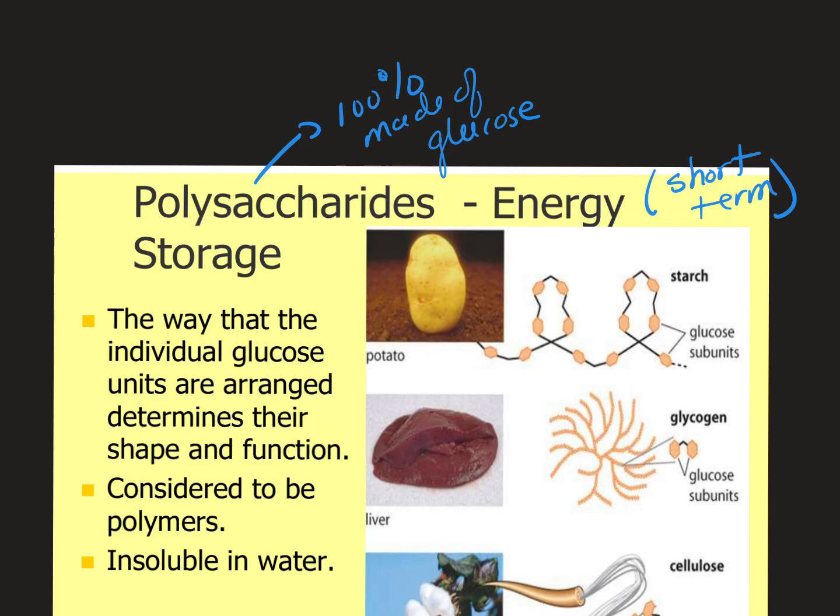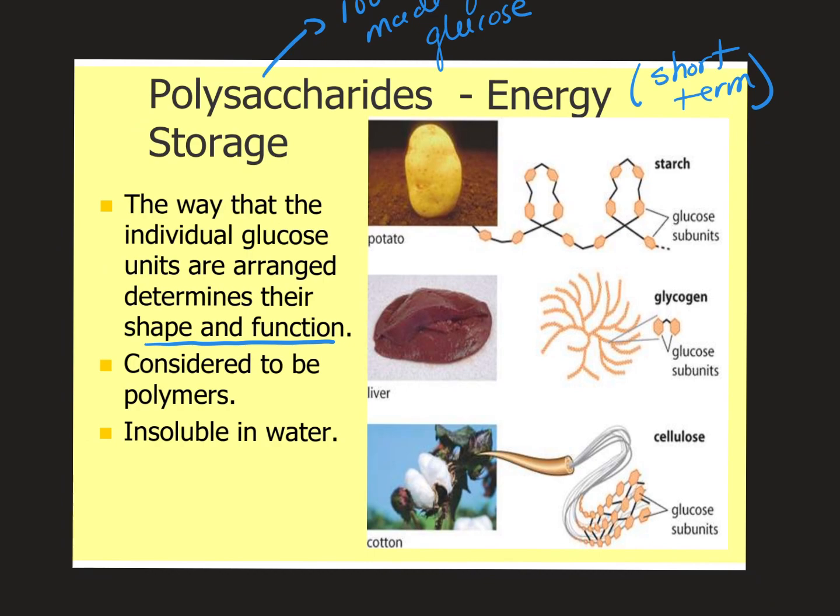And once again, as I said, shape and function are completely linked, because all three of these, starch, glycogen, and cellulose, are all 100% glucose. But the way they are put together is what gives them their different properties.